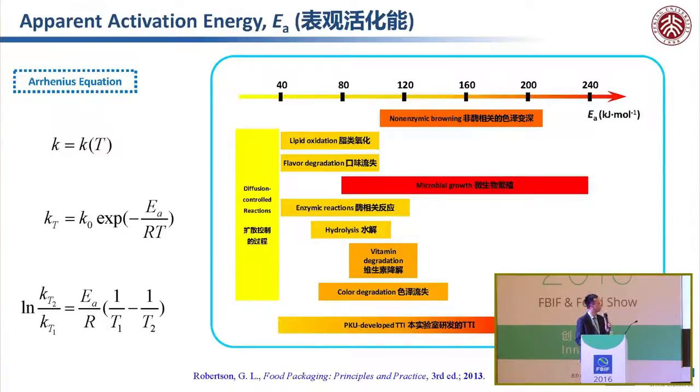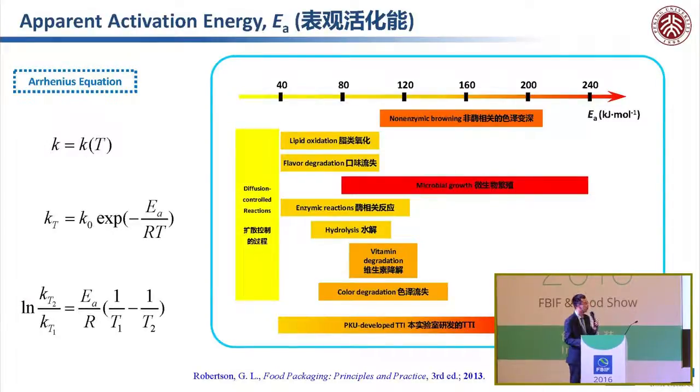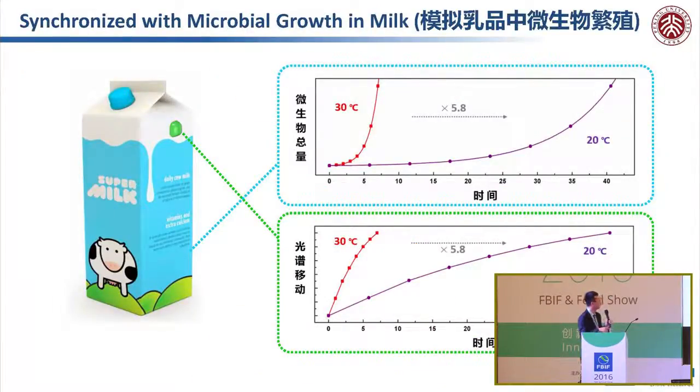In this chart, I listed the EA value range of some common deteriorative processes found in food, for example, diffusion-controlled reactions, microbial growth, enzymatic reactions, hydrolysis, and this is the EA range tunable for our TTI. You can see it covers a substantial part of the spectrum, which means the TTI can be used to indicate a vast number of perishable products and the deteriorative processes in them.